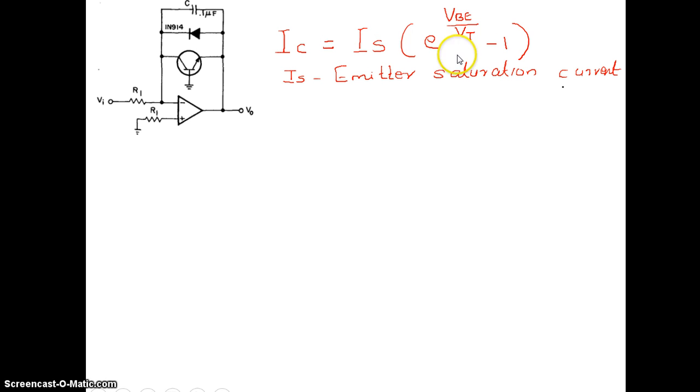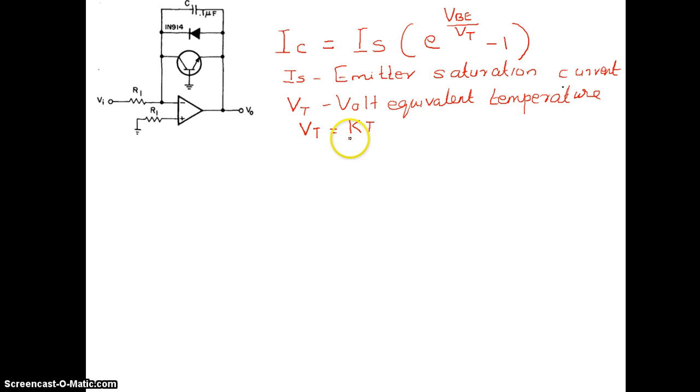VT is the volt equivalent of temperature, and we can write it as KT by Q, which you must have studied.